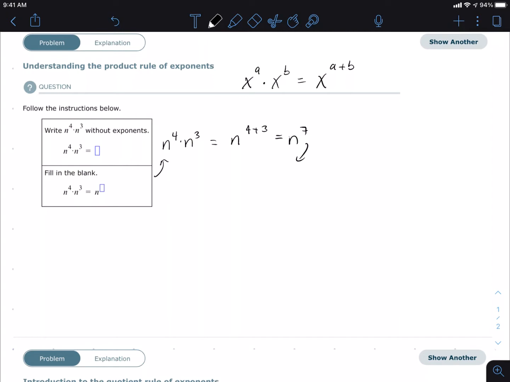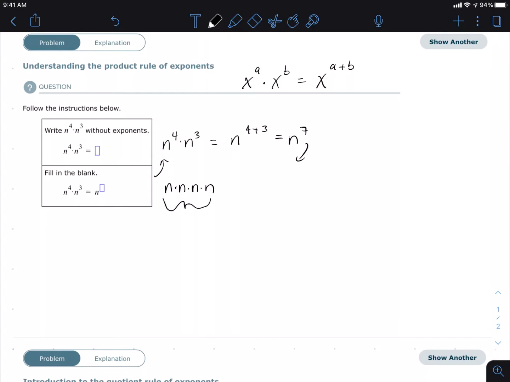Now, what they're trying to say in that first example is to write it without exponents. So n to the fourth means what? Sorry, Professor, it cut off. Can you repeat that? Oh, yeah. So n to the fourth means what? 4 n's multiplied, right? So it's going to be n times n times n times n.